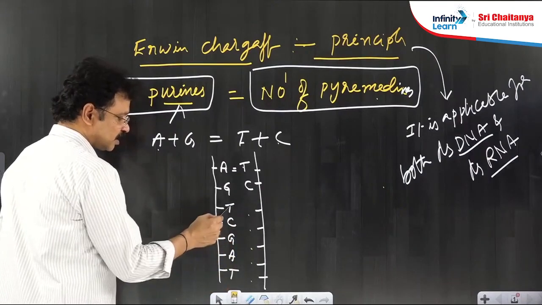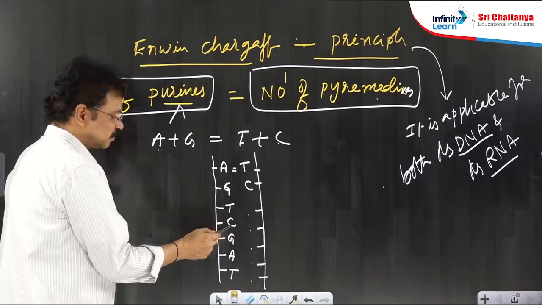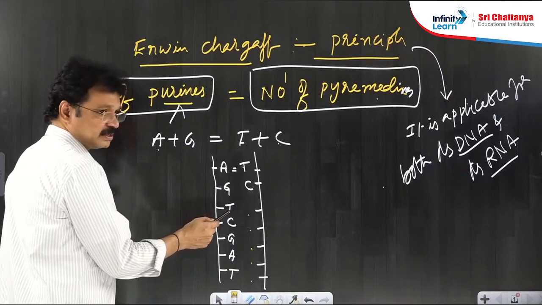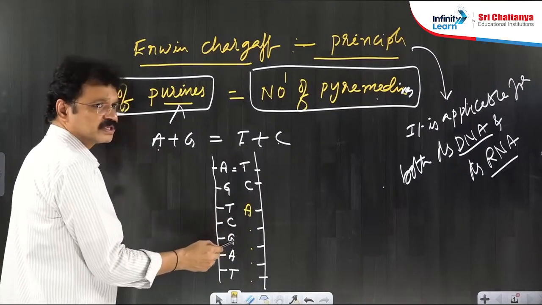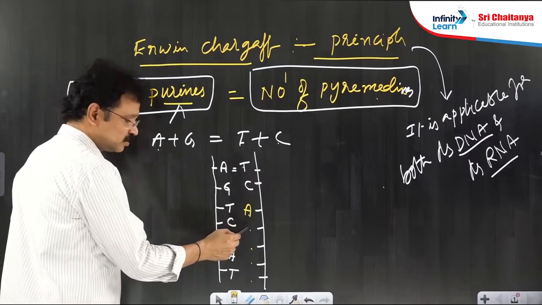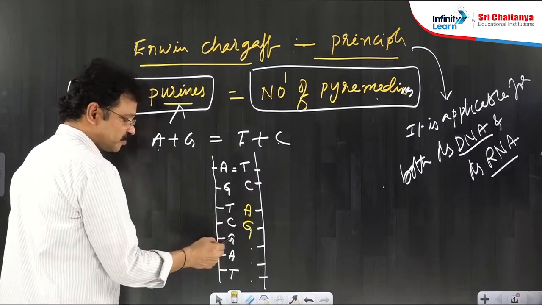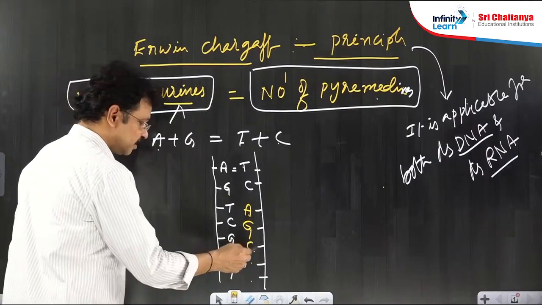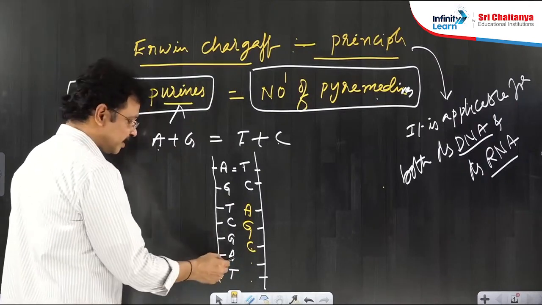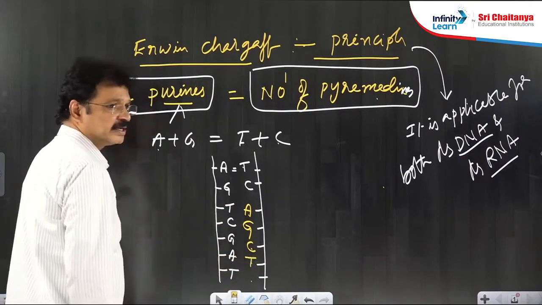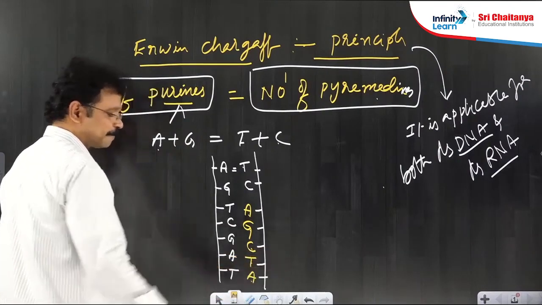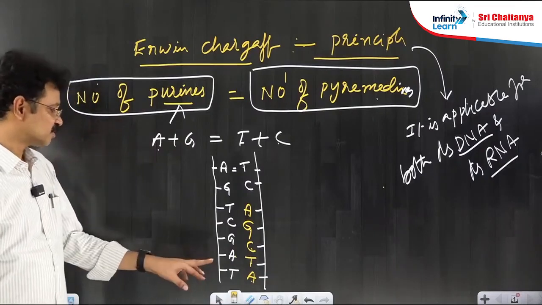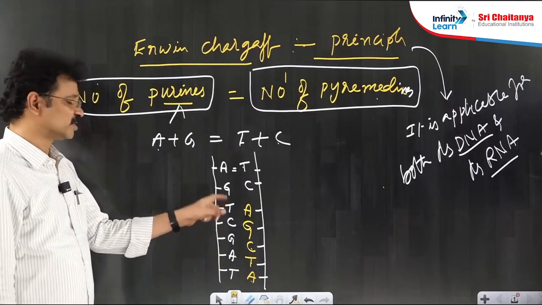What is the complementary pair for T? Paired nucleotide. Yes, A, good. For C, yes, good, G. For G, C. For A, again T. For T, A. Yes. In case of RNA, in place of T, uracil is there.